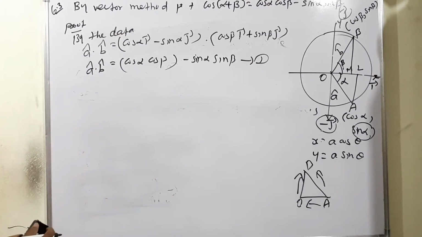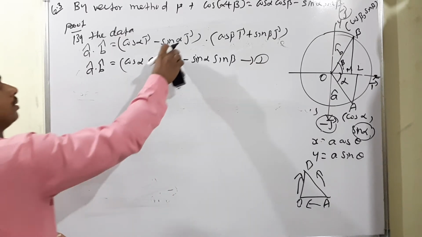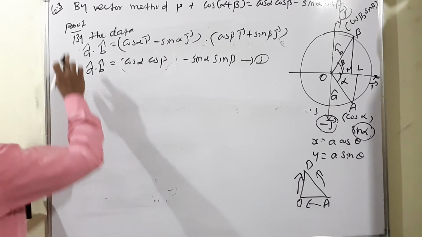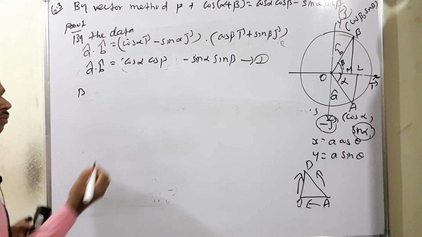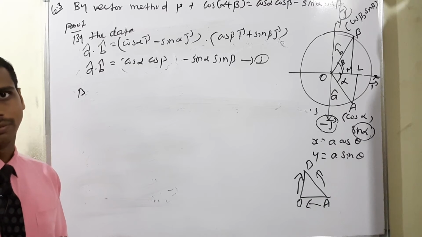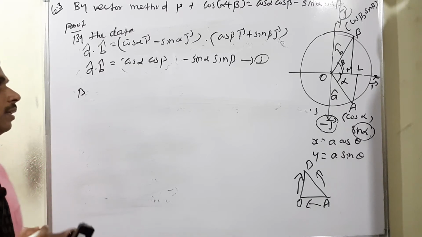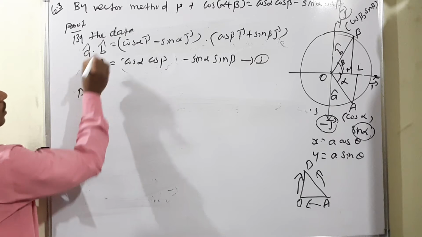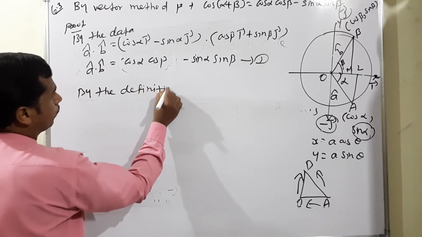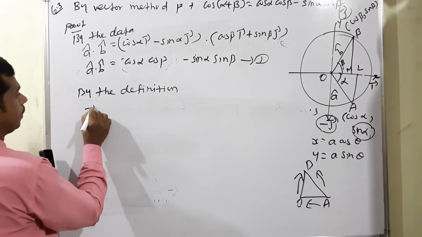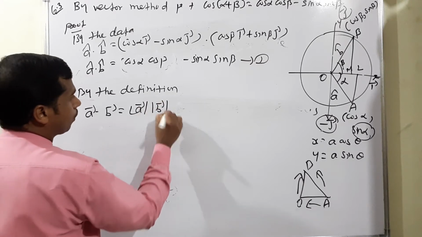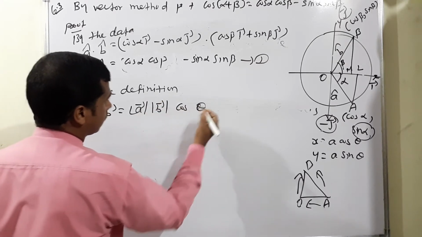Now look at cos alpha cos beta minus sin alpha sin beta, no need for the bracket. This is equation number 1, by the data. By the definition, a vector dot b vector is modulus of a vector into modulus of b vector into cos theta.